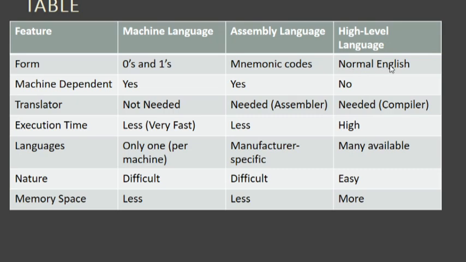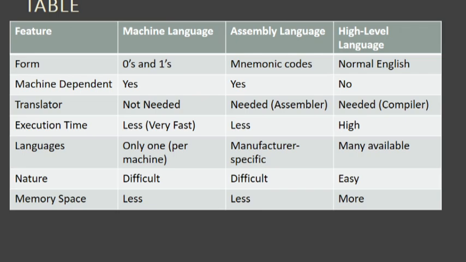Like int a equal to 10, int b equal to 20. Translation is not needed for machine language, because we are already writing in the form of zeros and ones. But assembly needs a translator: the assembler converts assembly into machine level language. For high level languages like C, C++ and Java, compilers are required. For Python, there are compilers, interpreters and cross compilers, which convert high level language into machine understandable language.